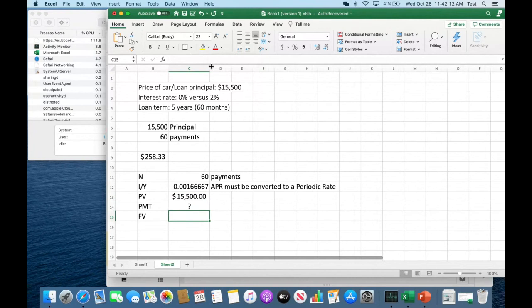If it's 15,500 today, what is the value of the loan going to be in 5 years? You don't need to be a finance professional to figure this one out. No, sir. It would not be worth that much in 5 years.